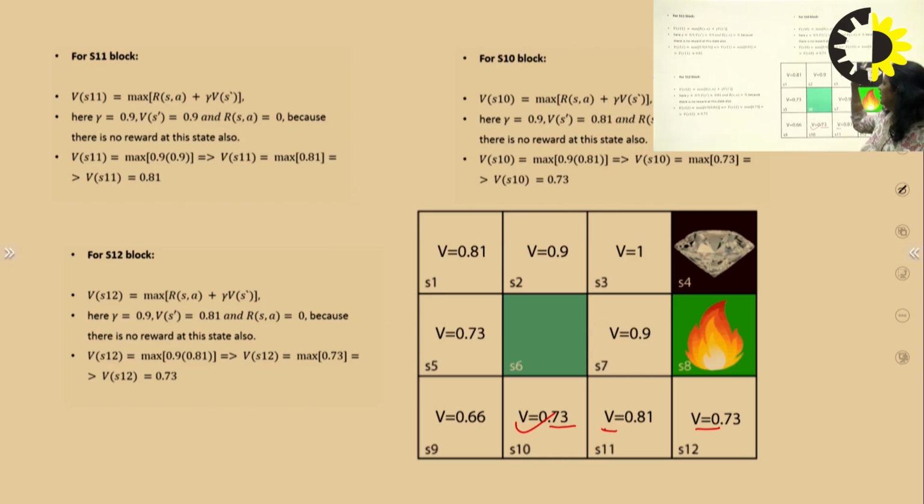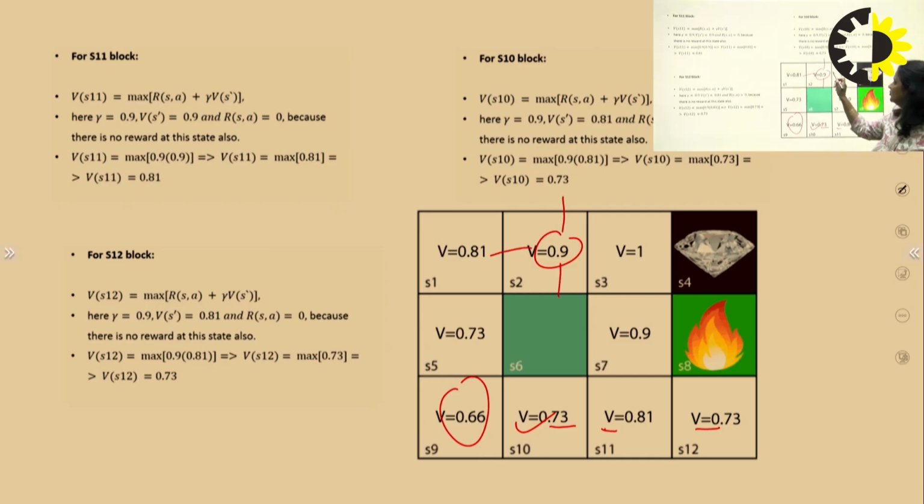Now after filling this grid with the maximum values, the agent can be in any position, like in this grid, in this grid, in this grid. They follow a path that has the maximum value. For example, if the agent is in this position, 0.9, then what are the possible actions they have to perform?